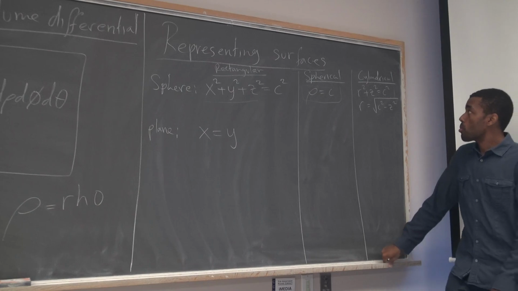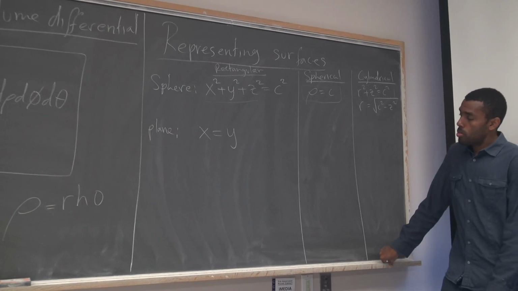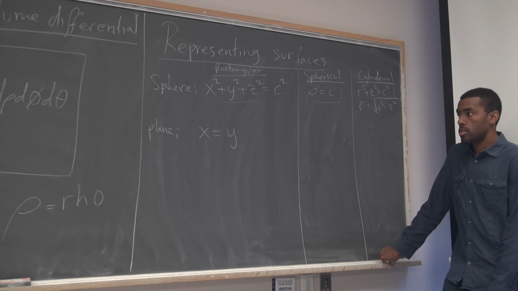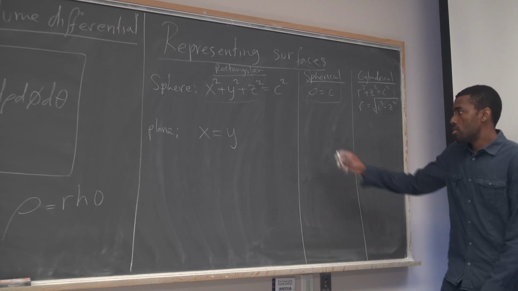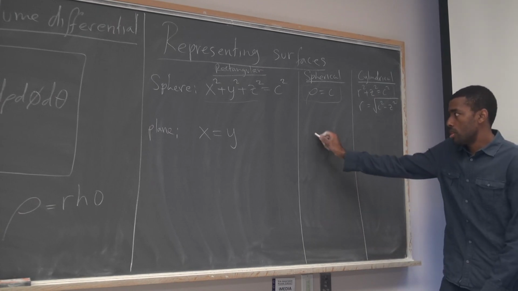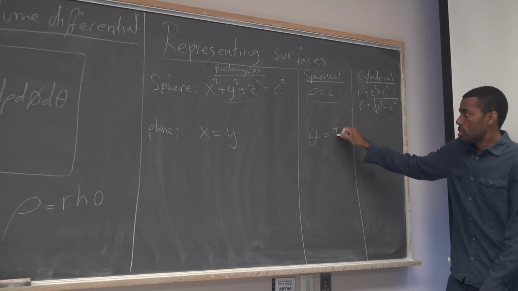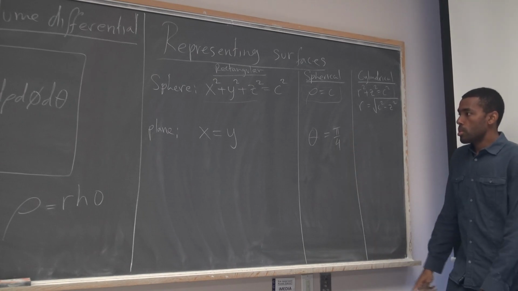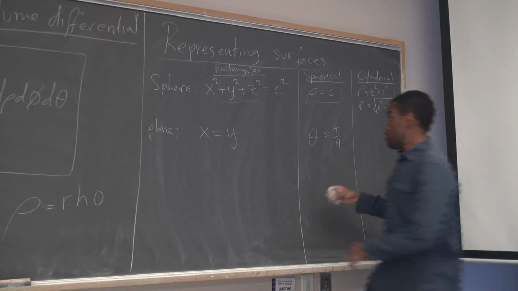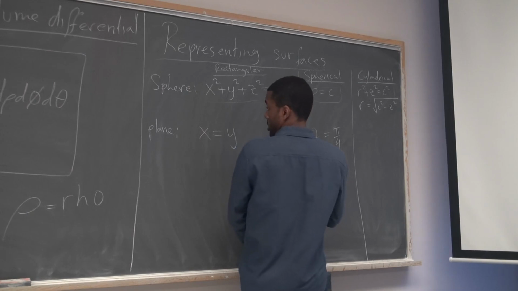You know that in spherical coordinates, rho sine phi cosine theta is equal to rho sine phi sine theta. Cosine theta is equal to sine theta, which means? Theta is equal to, well, you give me an angle. Oh, it's 45, so pi over 4, right?